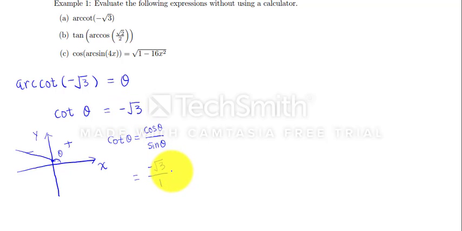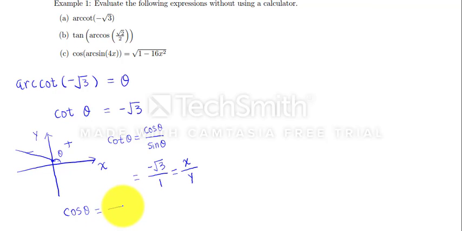And this is also defined by the xy coordinate definition of trigonometry functions. So this equals x divided by y. Because we're more familiar with the cosine function or sine function, we would prefer to work with cosine or sine function.